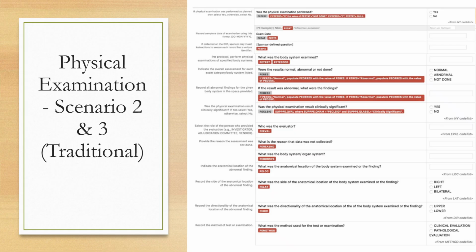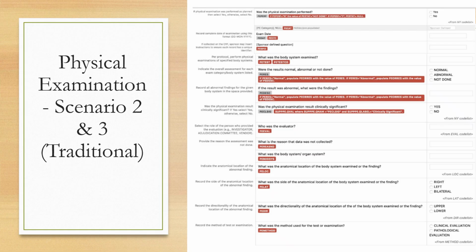Now comes the main questions about the physical examination. What was the body system examined? That information is your PETEST and PETESTCD. The result of this examination, whether it was normal, abnormal, or not done, is captured in your ORRES here.